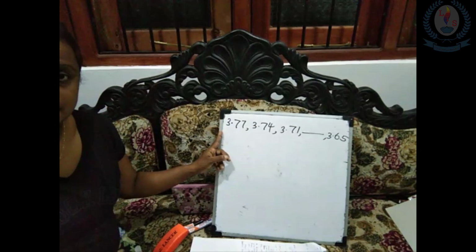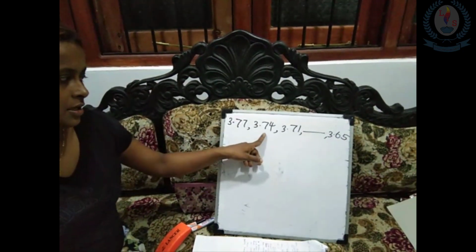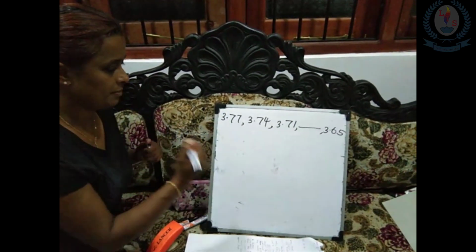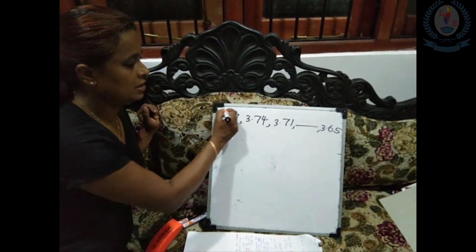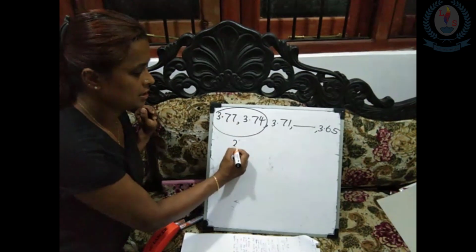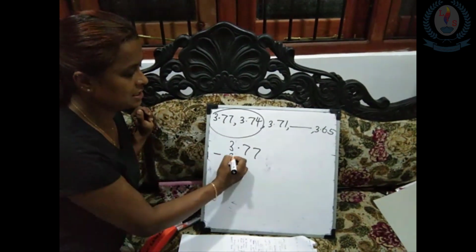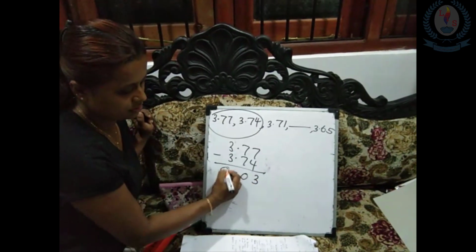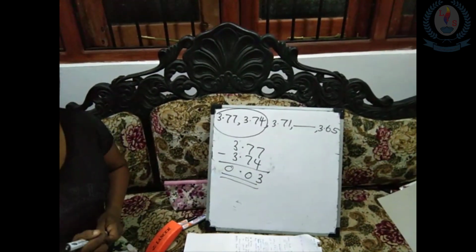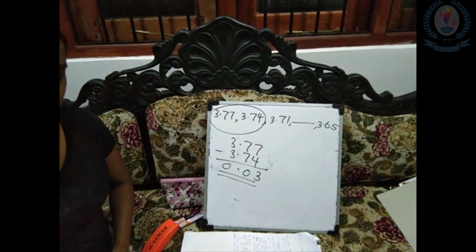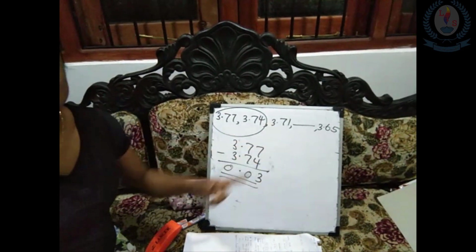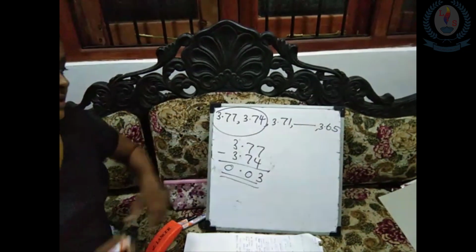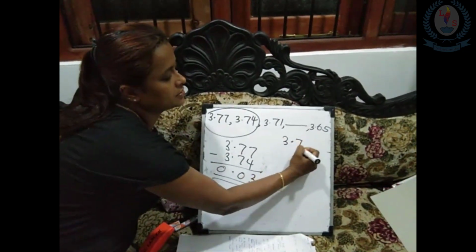Now let's find the difference. We cannot subtract from the second number. We have to subtract from the first number, as this is the greater one. Let's go to two closer numbers. 3.77 minus 3.74. This is the difference between each decimal, 0.03. As we have to count back, let's go to the number before the blank, 3.71.